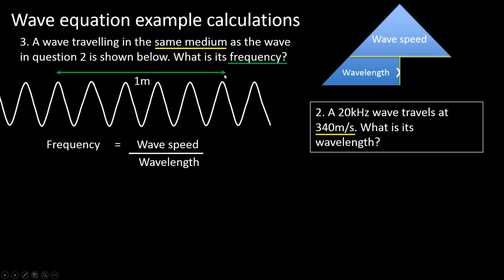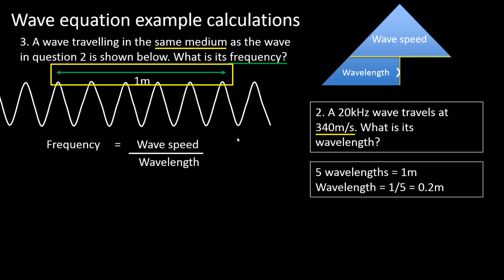So there's a meter labelled on the diagram, and what we need to do is count the number of wavelengths. You remember it's corresponding points on the adjacent waves. So we start from a peak here, and we count 1, 2, 3, 4, 5 wavelengths. So that means, right, that 5 wavelengths is 1 meter, so a wavelength is 1/5 of a meter, 0.2 meters.